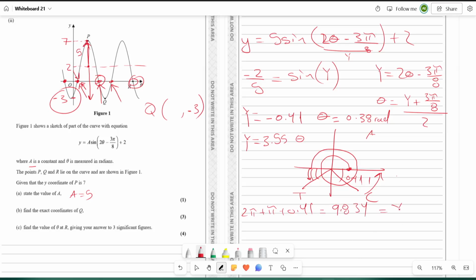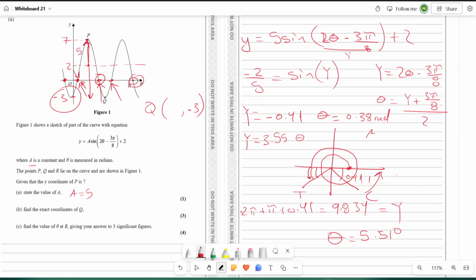That is our y. So our theta is going to equal that y plus 3 pi over 8 over 2. So our theta is going to equal 5.51 degrees. So our value of theta at r is basically 5.51 degrees.